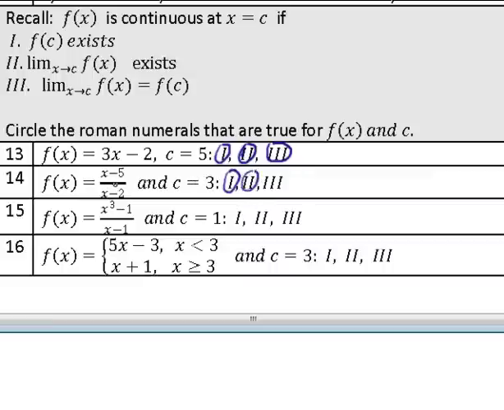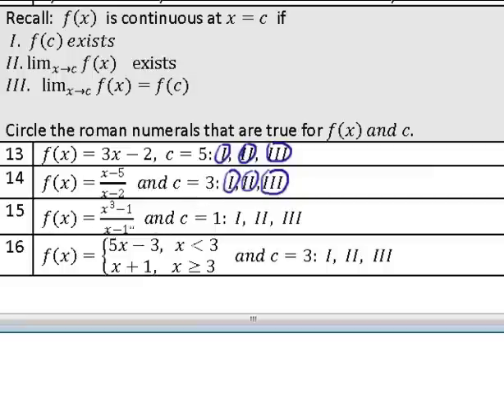And f of 3 is the same as the limit as x goes to 3. To figure out f of 3, we substitute in, and to figure out the limit, we also substitute in. In this case, that's rule 3. Okay, so all 3 are true here.